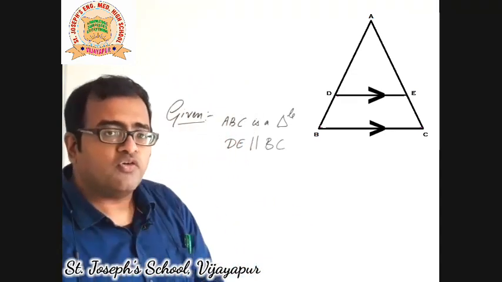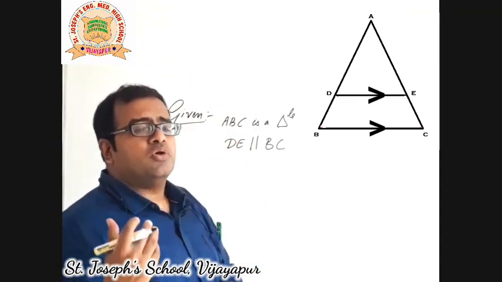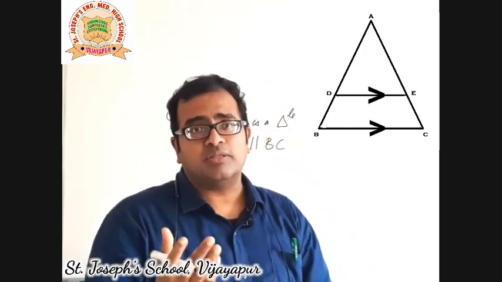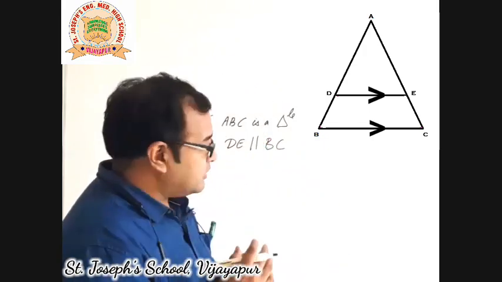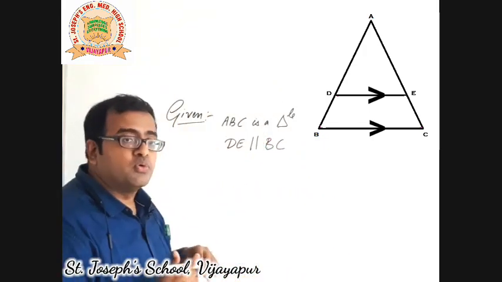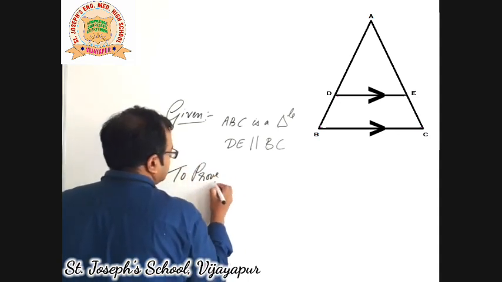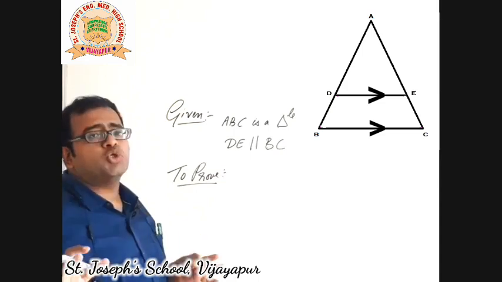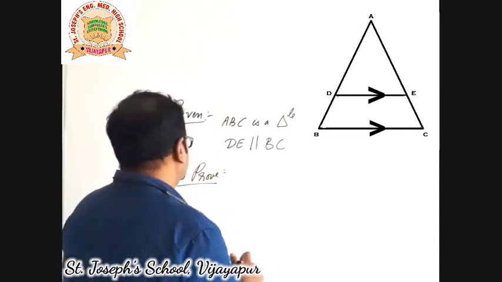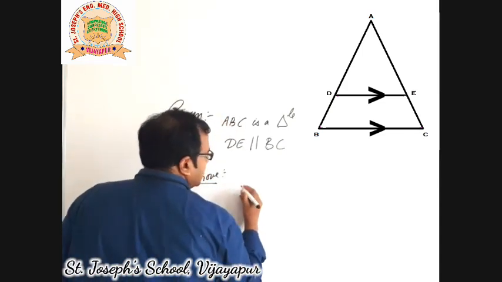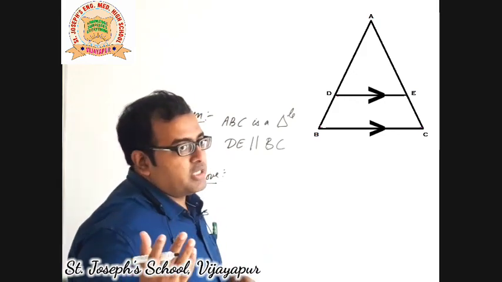Fine. Now we'll go for the next step, to prove the conclusion. What is the conclusion that you are supposed to prove? That conclusion, when you write here, we call it to prove. To prove, or to prove that. This is nothing but the conclusion written using symbols. So to prove, I told you it is two ratios we are talking about.